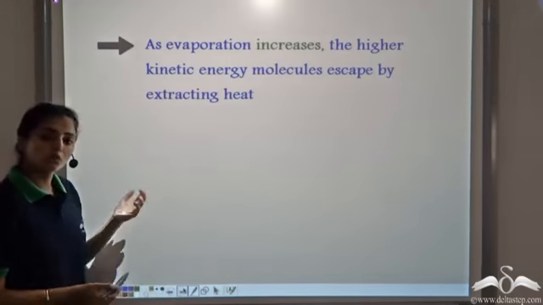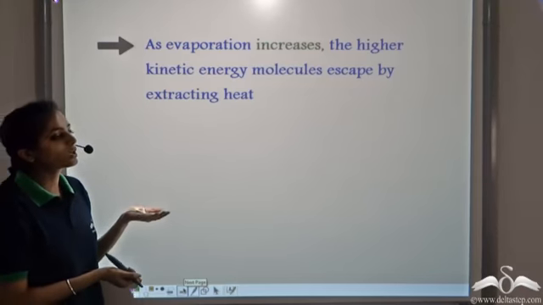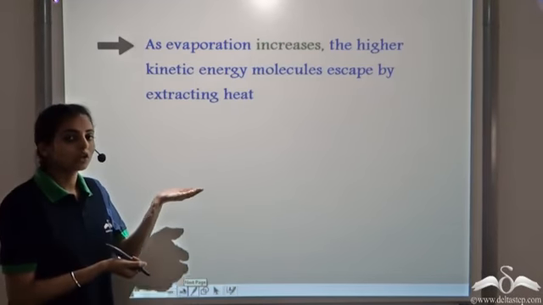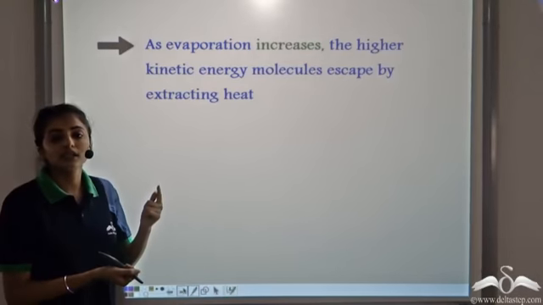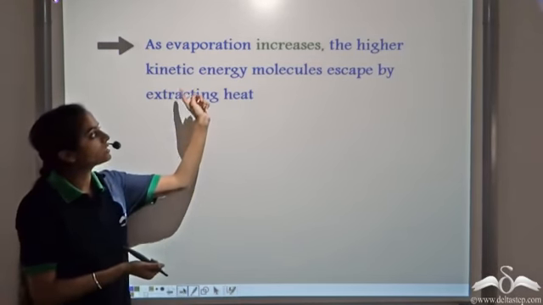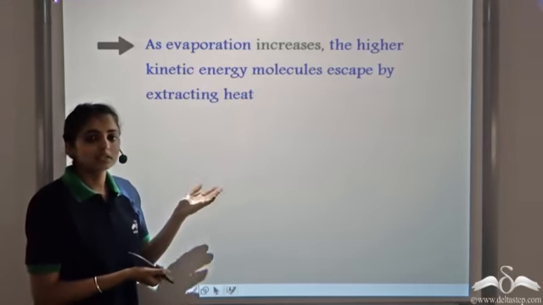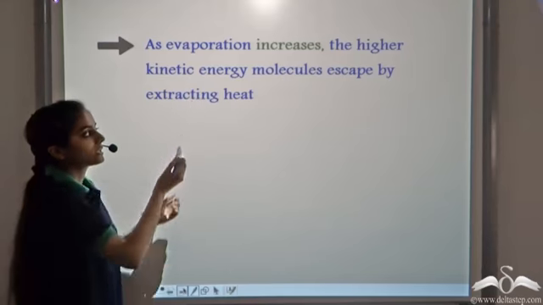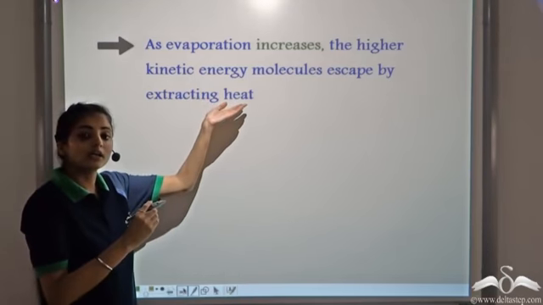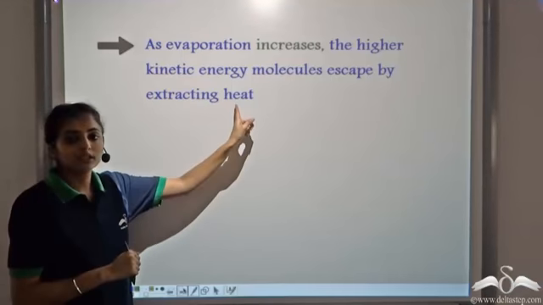So let's recall what happens. Why is the water in the earthen pot cooler? This is because as the process of evaporation takes place, the higher kinetic energy molecules, which are present on the surface, escape. Since evaporation is a surface phenomenon, when these higher kinetic energy molecules on the surface escape, they extract heat.